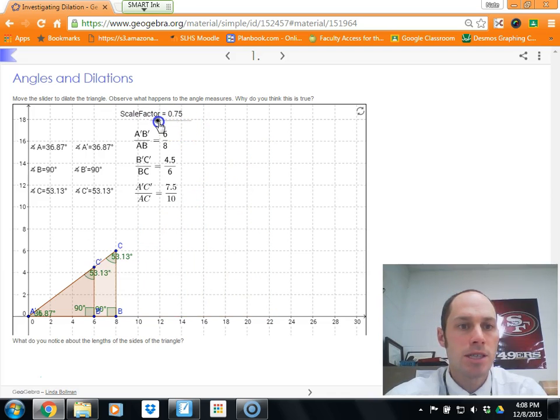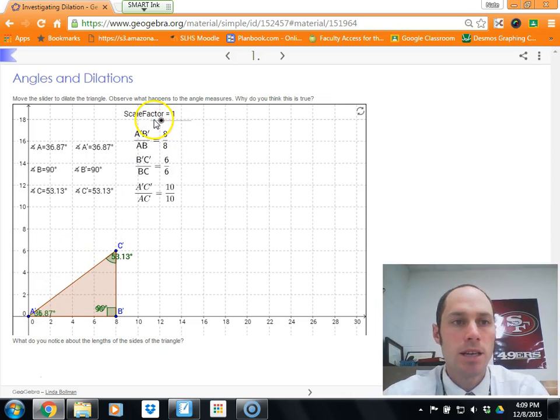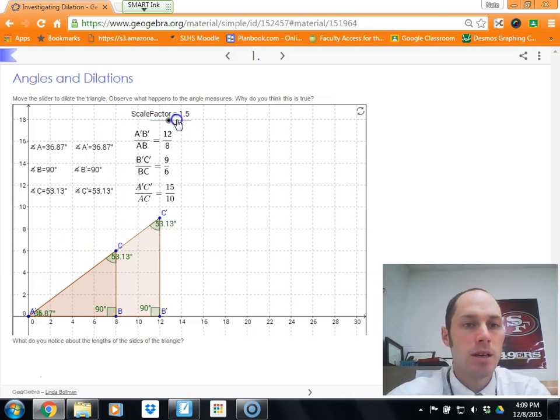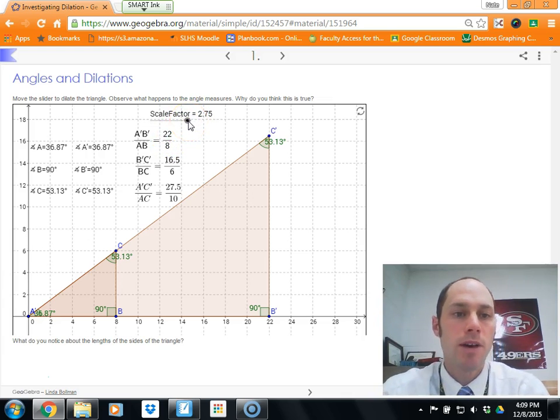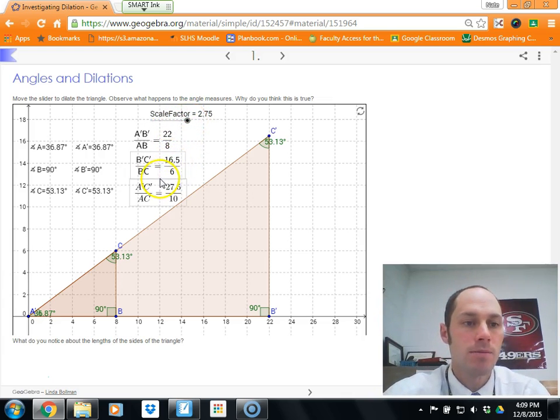The slider helps us to see the scale factor as we go from triangle ABC to A prime, B prime, C prime. As I increase the scale factor, notice the lengths of the corresponding sides. Length of 8 to 22, 6 to 16.5, and then 10 to 27.5. All those ratios give us a scale factor of 2.75 when we divide those side lengths.